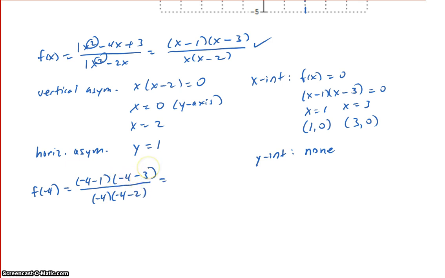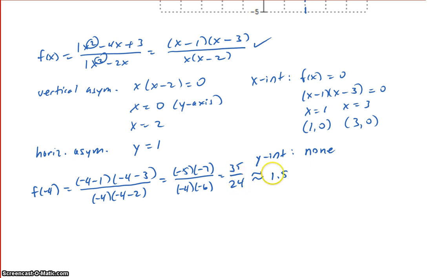So what I would have is negative 5 times negative 7 over negative 4 times negative 6, or 35 over 24, and 35 over 24 is approximately 1.5 to the nearest tenth.